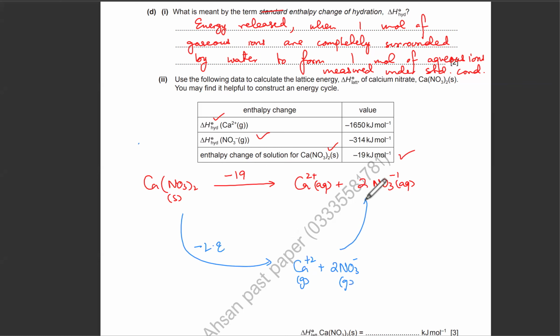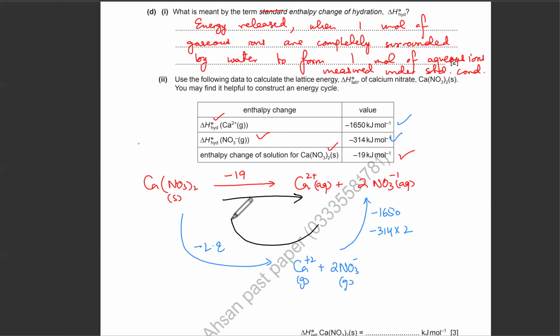And then you've got this path, where you're hydrating them. Now you have to be careful. You're hydrating 1 calcium ion, so that's minus 1650. And you're hydrating 2 nitrate ions. What's the value? That's minus 314, but that's going to be times 2. And the rest is one path equals the other path.